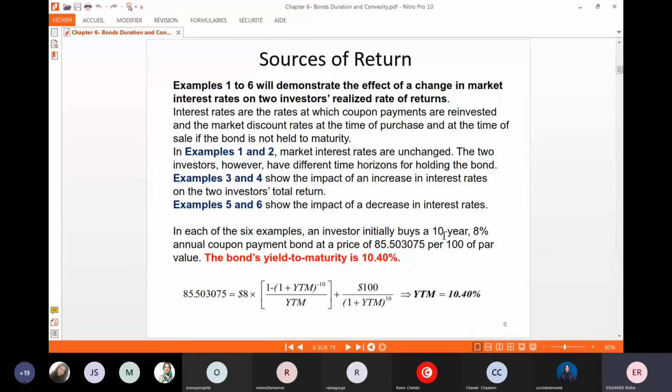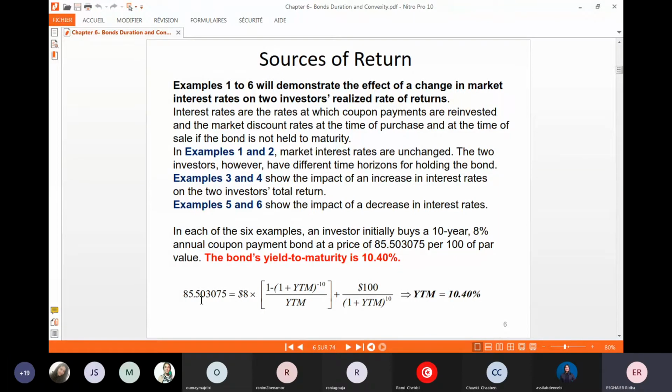The par value is 100. If these investors buy the bond today at its current price and hold it until the maturity, their expected yield to maturity, their expected annual return, their internal rate of return, is simply the discount rate that makes the present value of what they will receive annually during the next 10 years equal to the price they pay initially to buy the bond.